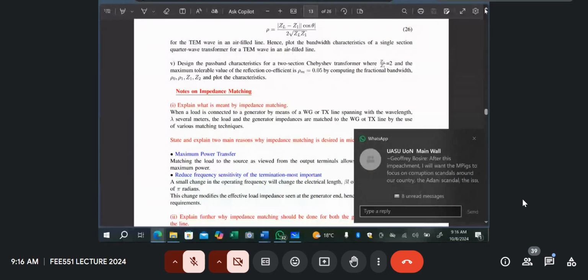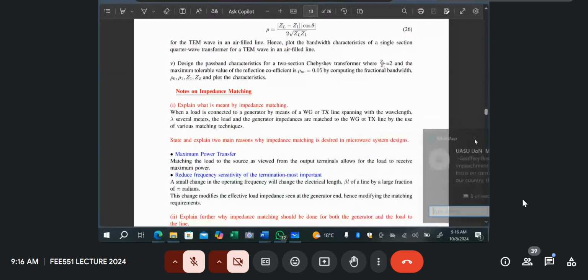I can see the second answer that we have there is that it reduces phase sensitivity of the termination. And I can see it is the most important one. I wanted to ask, why is it that we actually consider reducing phase sensitivity of the termination as opposed to minimization of the signal reflection that occurs in microwave system?